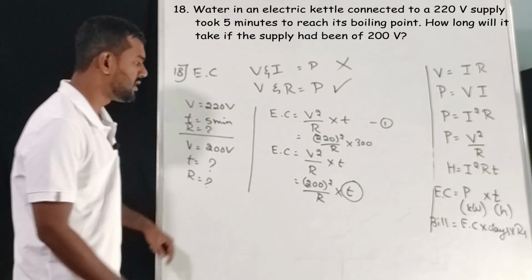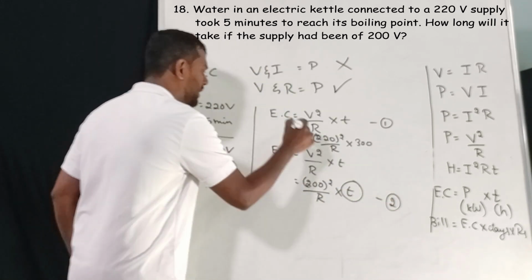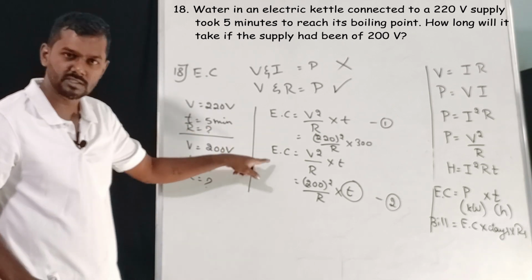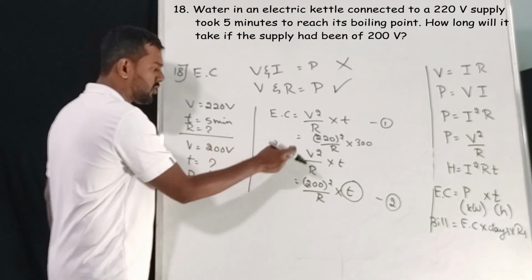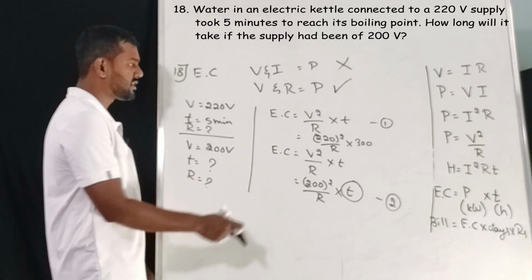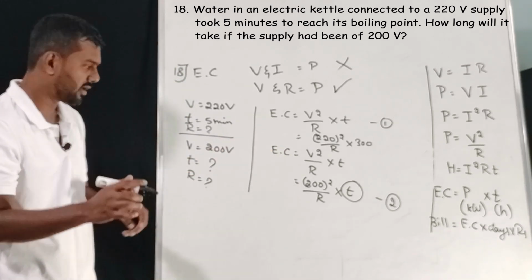This is equation number 2. In both cases we are finding electrical consumption only, so we can relate these two equations. They are equal because the electrical consumption in both cases will be equal.